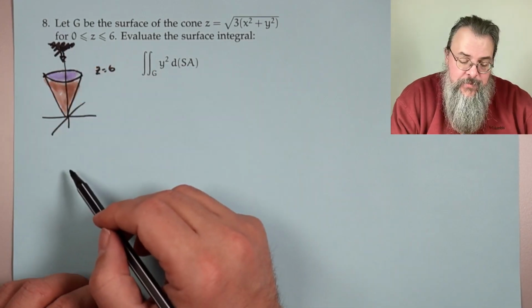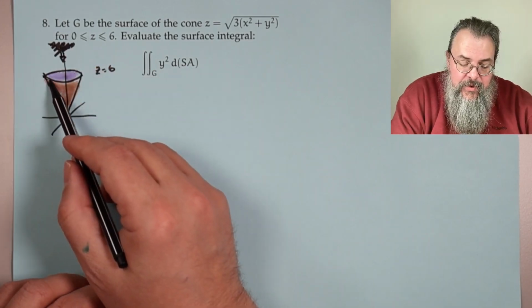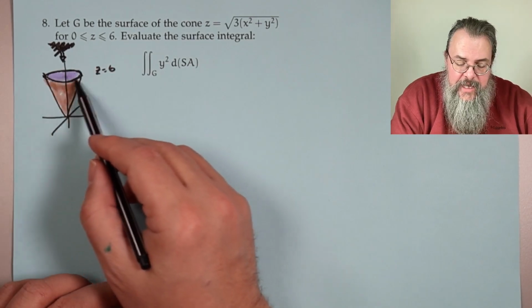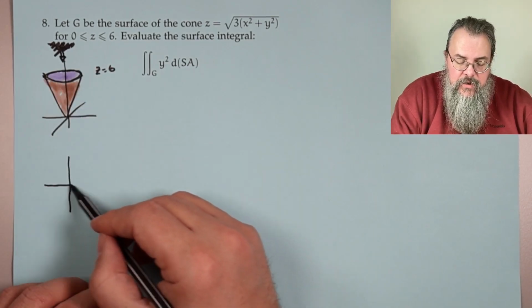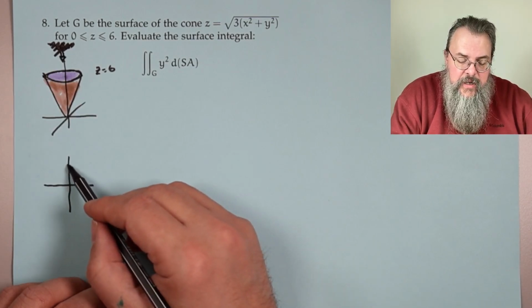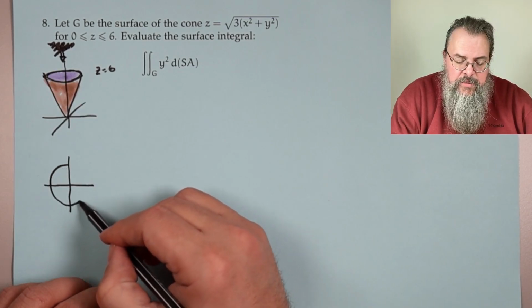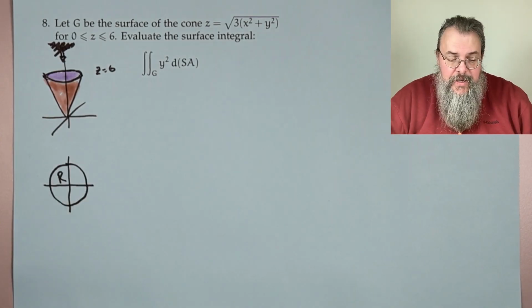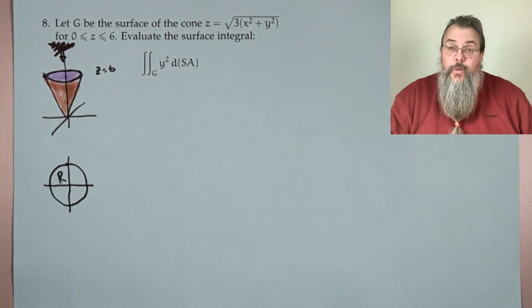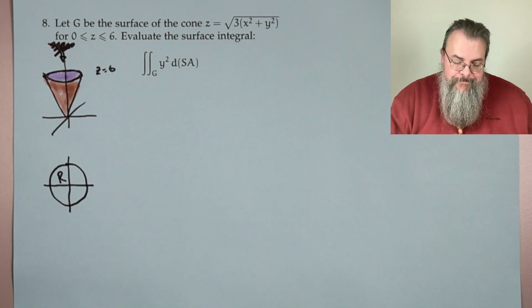What will you see? Well, what you'll see is this right here, the outer edge of that surface, is going to become a circle. And so your region down in the plane is a circle. Now, the question, and this is an important question, is which circle is it?